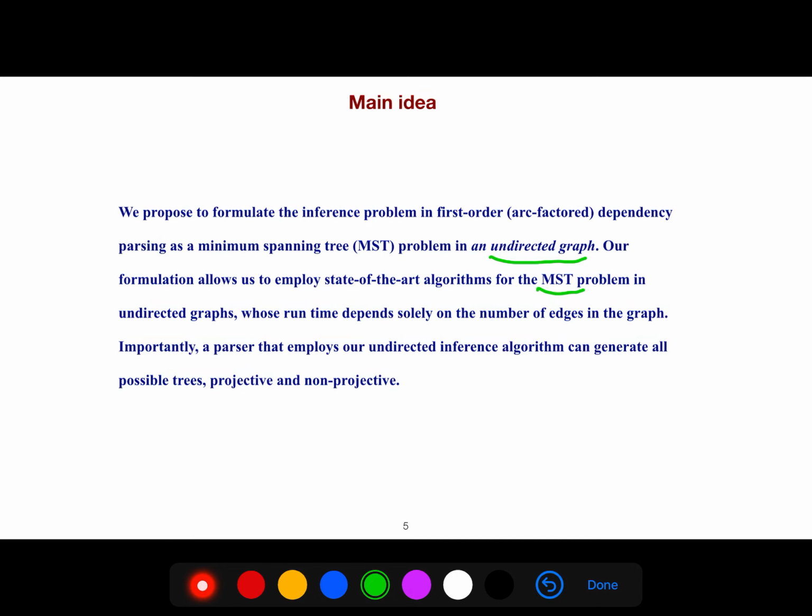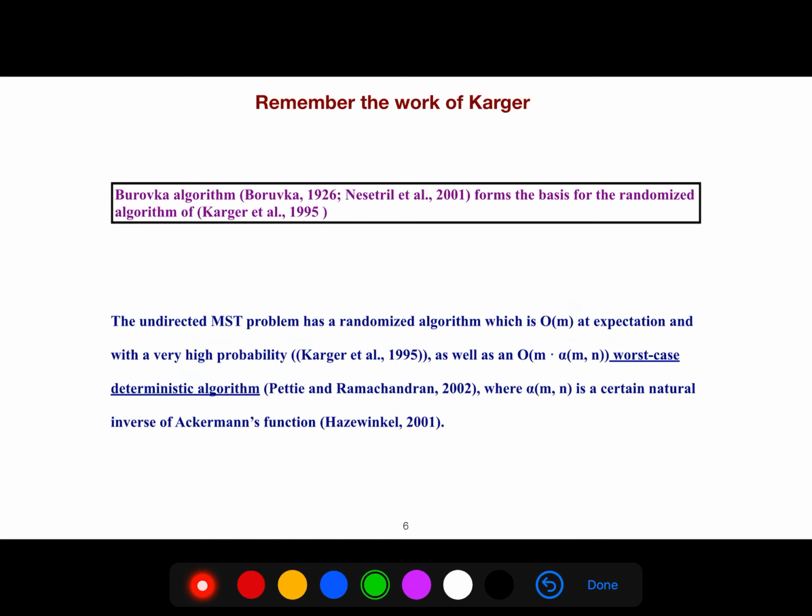If you look at the literature of computer science, you see lots of algorithms. So why not take advantage of them? Their runtime depends solely on the number of edges in the graph, and importantly, a parser that employs our undirected inference algorithm can generate all possible trees, projective and non-projective.